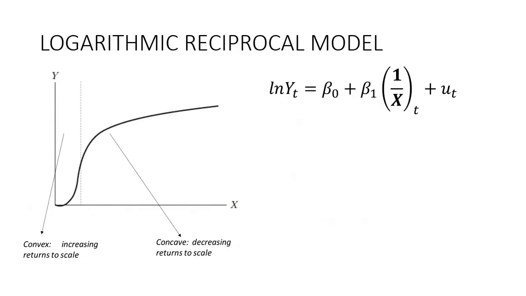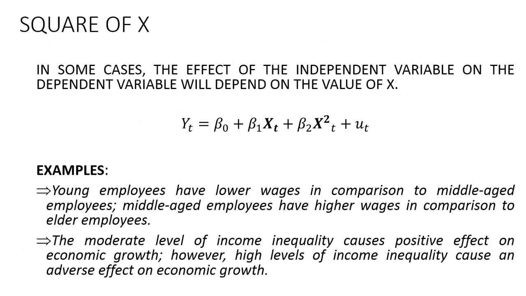However, sometimes the effect the independent variable causes on the dependent variable depends on the relative value of the independent variable. Okay, probably I should explain this based on some example.